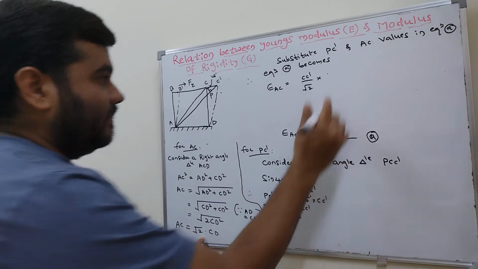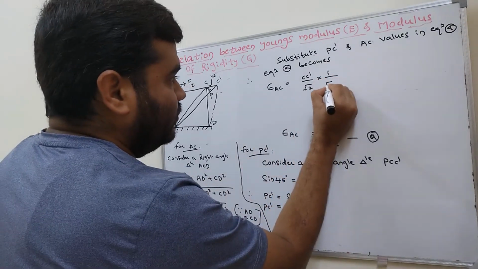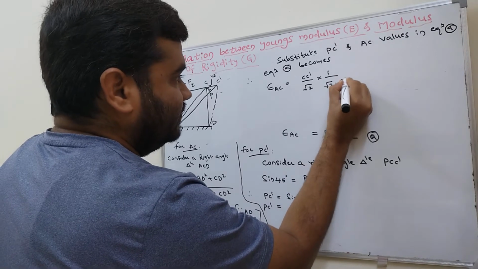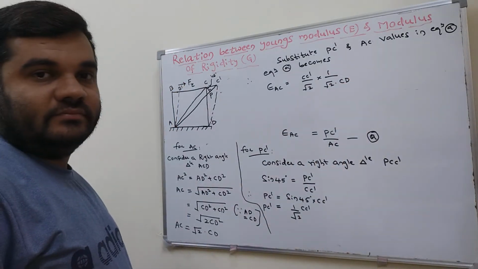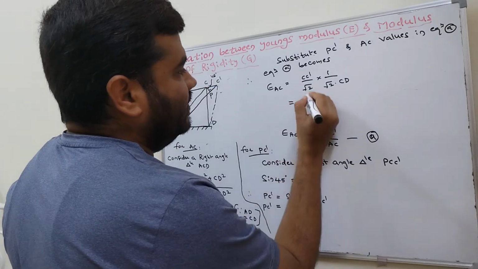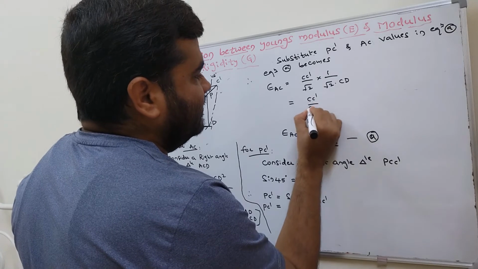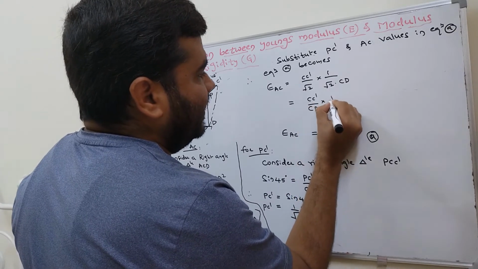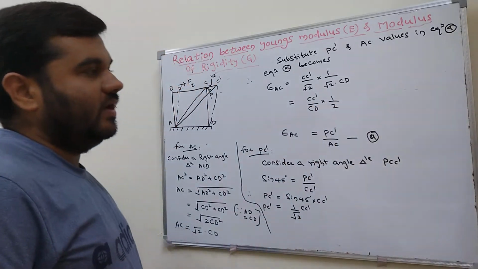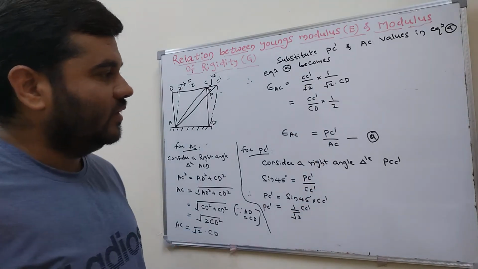AC is, 1 divided by AC value is square root of 2 into CD. After simplification, how much are you getting? CC dash divided by CD into 1 divided by 2, right? 1 divided by 2, because square root of 2 into square root of 2 is 2 here.